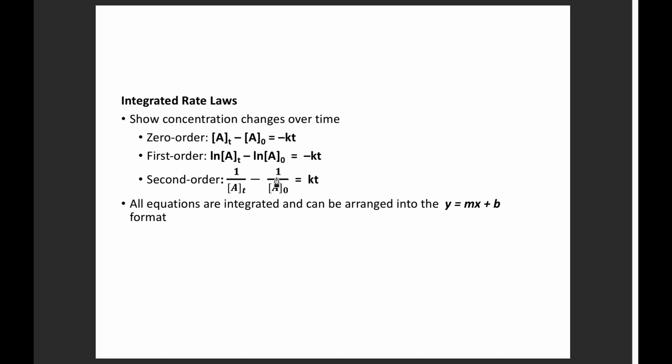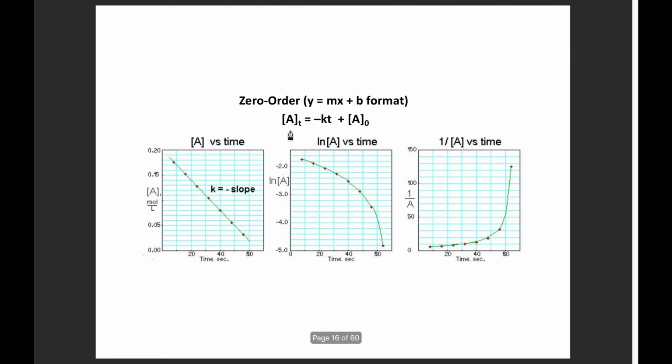Now, these can be easily converted to y equals mx plus b format when we graph them. Let's just take zero order for an example. All you're doing is taking this algebraically and bringing it over to the other side. Basically, you're adding the initial concentration of A to both sides, and that will give you the y equals mx plus b format, which looks like this. I just took this term from here to the other side, and there you go.